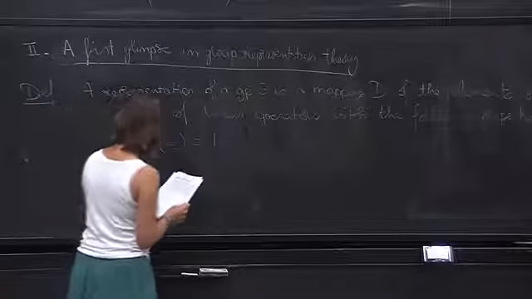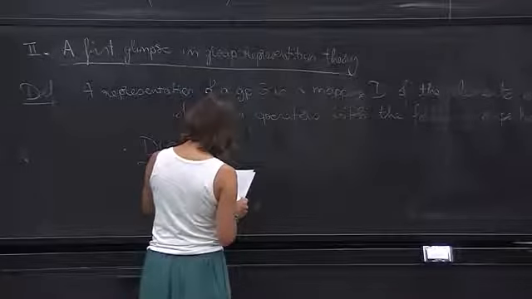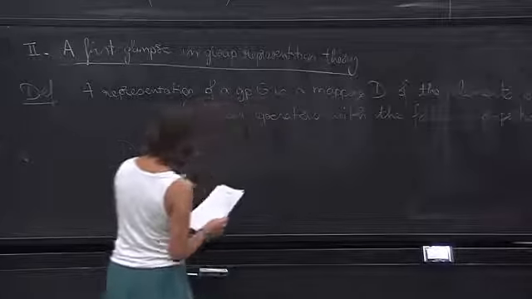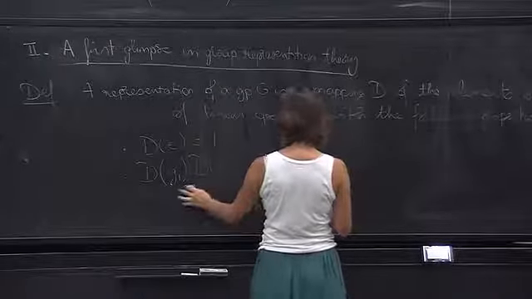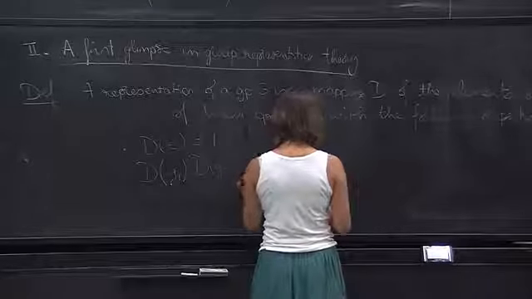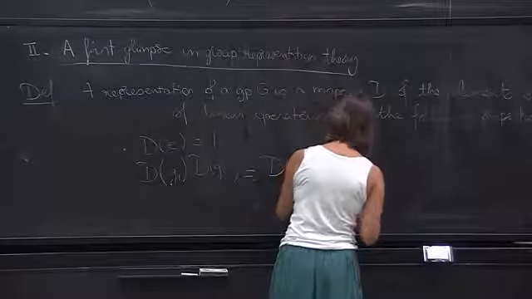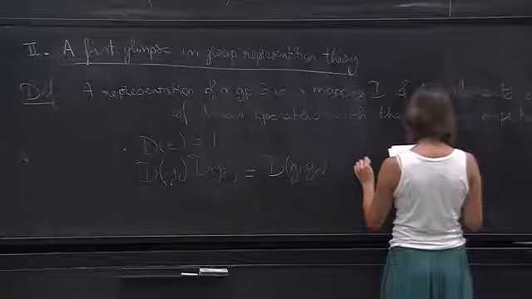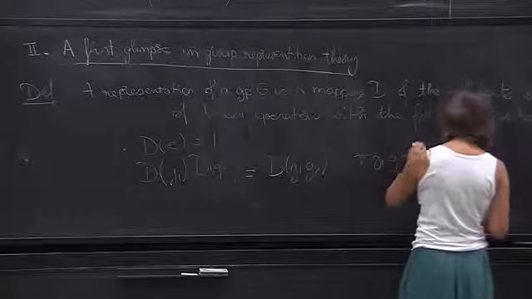And you also want to have this property with the multiplication, meaning that the group multiplication law is mapped onto the natural multiplication in the linear space on which the linear operators act. And in fact, what we're going to use are mostly matrix representations. So indeed, you're going to talk about matrix multiplication.